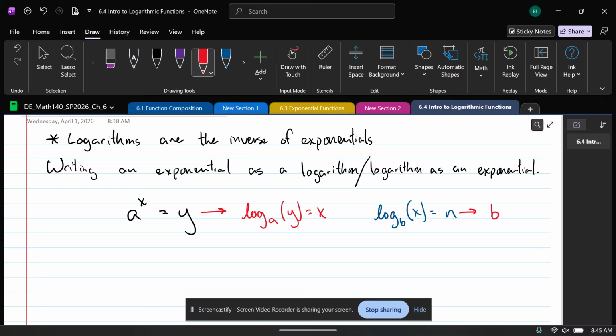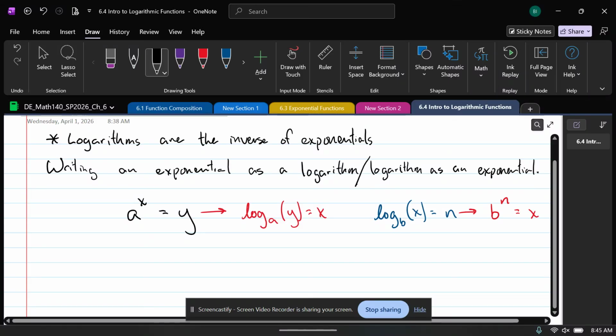The logarithm is always equal to the exponent. So the exponent is what the logarithm is equal to. So it's n. So it's b to the n power equals x. So converting from exponential to logarithm, from logarithm to exponential, that's what we're going to do for the first few examples here. And then we'll use that to help us do some equations in just a little bit.